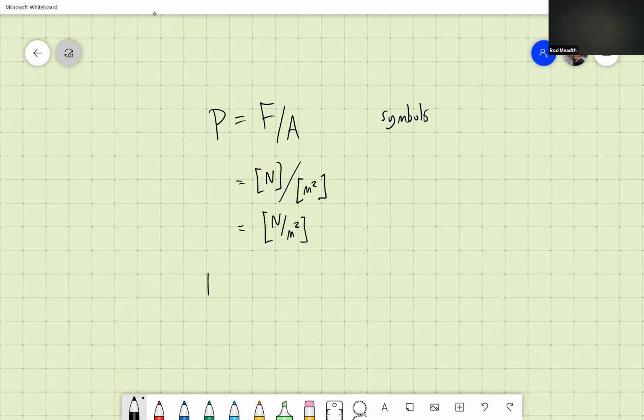So you might have 5,000 newtons applied to 10 square meters. Your answer is going to be 500 newtons per square meter. Some of you know there's another step after that with the newton per meter squared, but I'm going to leave that for today.